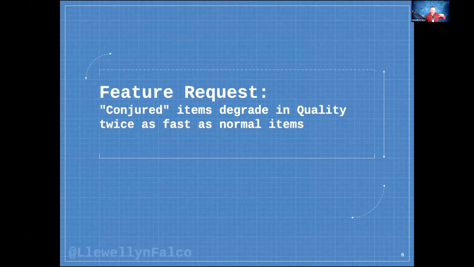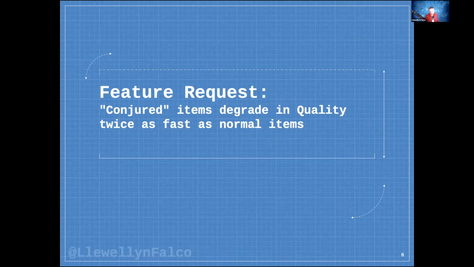But in general, it's nice to have a guide, something I'm trying to achieve in this code. For this particular one, we have this feature: conjured items degrade in quality twice as fast as normal items. I don't really understand what that means, but again, understanding is not really what we need for this exercise. So that is what we're going to try to do.